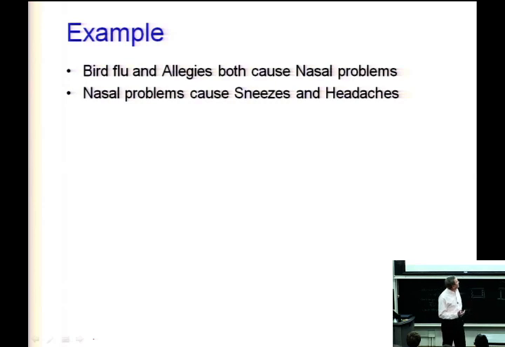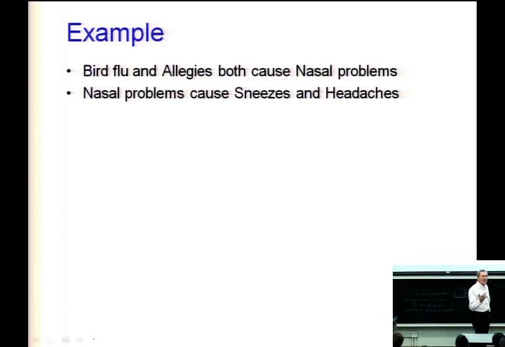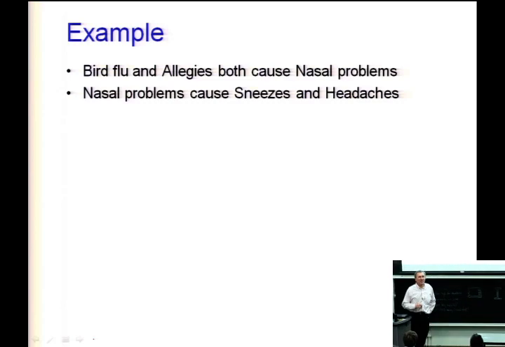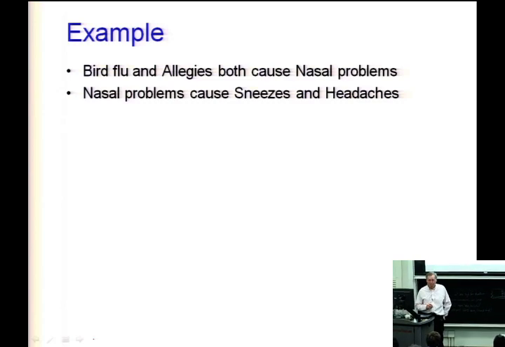And furthermore, if you have nasal problems, that can cause sneezes and headaches. And I say, thank you, I now have 5 random variables you've told me about. What's the Bayes-Net? So what would you write down? Let me put nasal problems here in the middle.